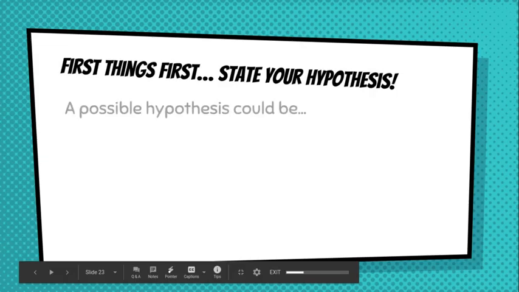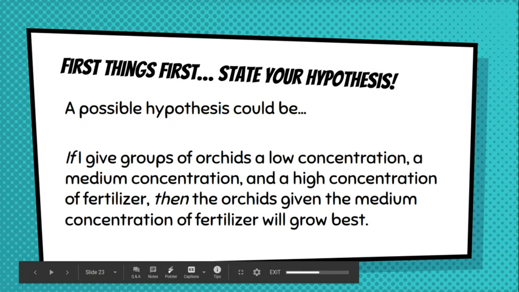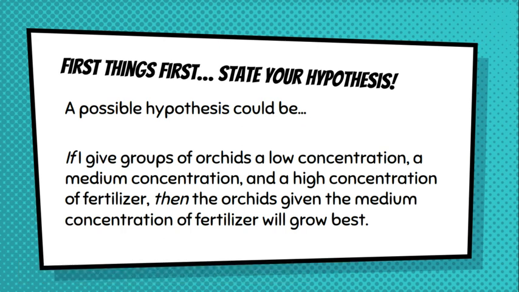A possible hypothesis could be, if I give groups of orchids a low concentration or a small amount, a medium concentration or a medium amount, and a high concentration of fertilizer or a large amount, then the orchids given the medium concentration of fertilizer will grow best. Ta-da! There we go. Okay? So that is the case with our hypothesis.